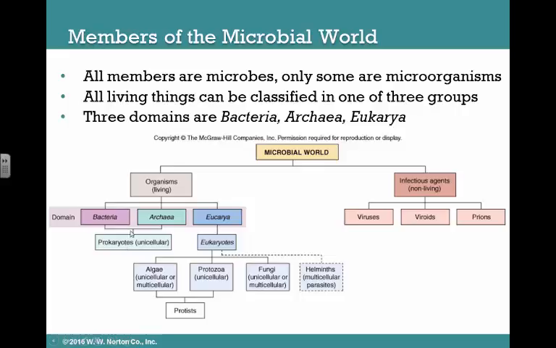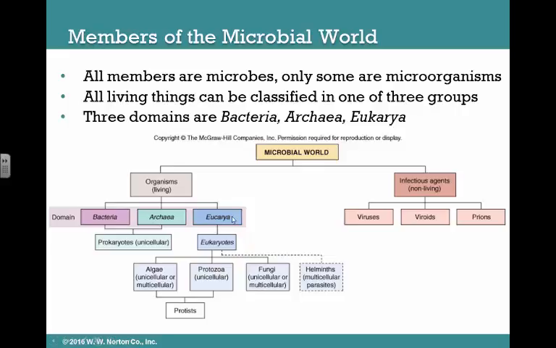So these three domains can be divided into two groups based on their cell structure. Prokaryotes, the prokaryotic cell structure, where it's unicellular, has no internal compartments, no nucleus, are the cell structure of both those microorganisms in the domain bacteria, as well as microorganisms in the domain archaea.